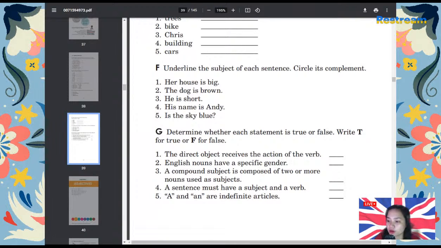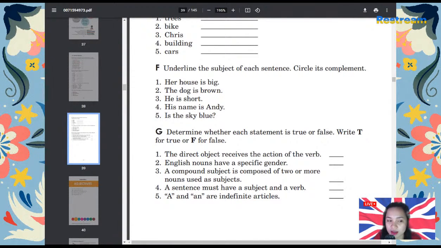Let's see what Dhruv's answer is. The is also an indefinite. Are you sure? Actually, it is true.